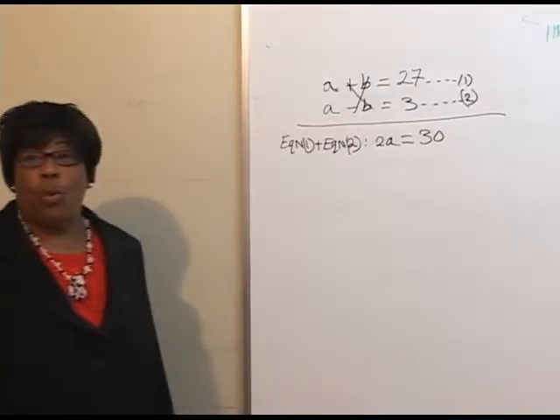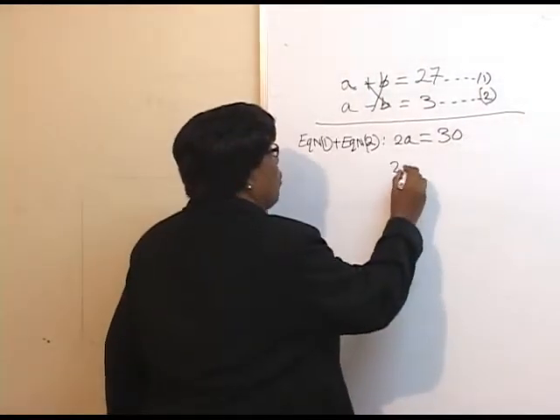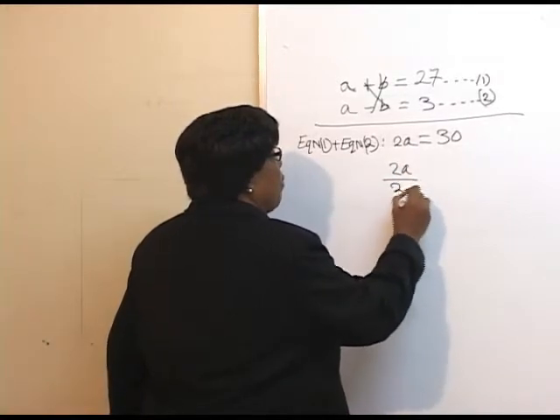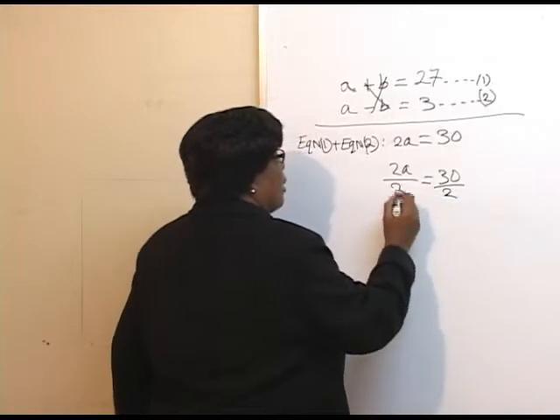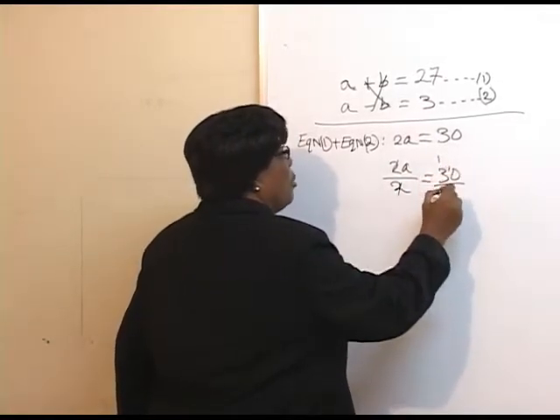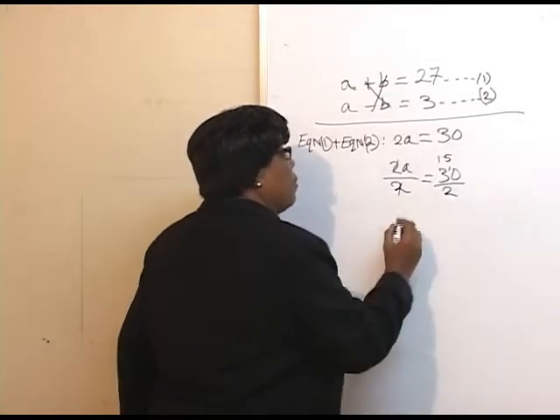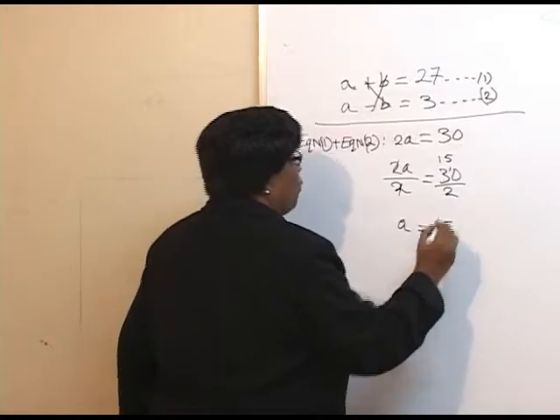So we have 2A is equal to 30. We don't want 2A, we want 1A. So we're dividing both sides by 2, all right? And 2 into 3 goes once and 1, 2 into 10 goes 5. So we get right away that A is equal to 15.